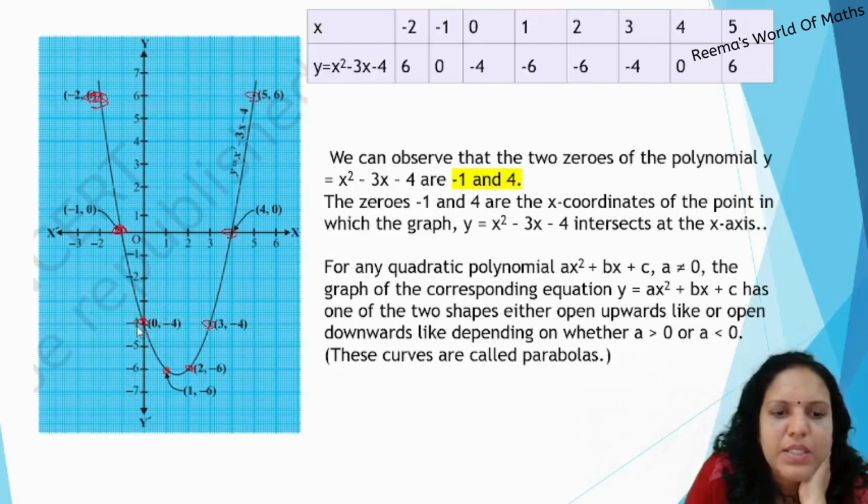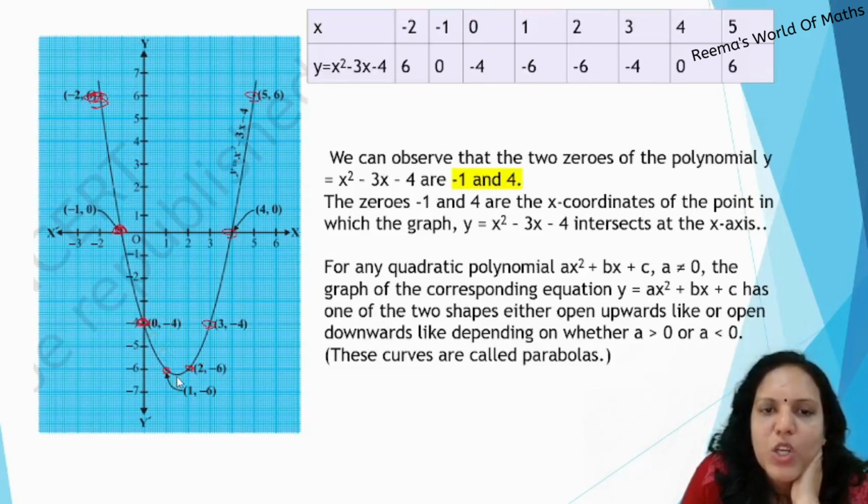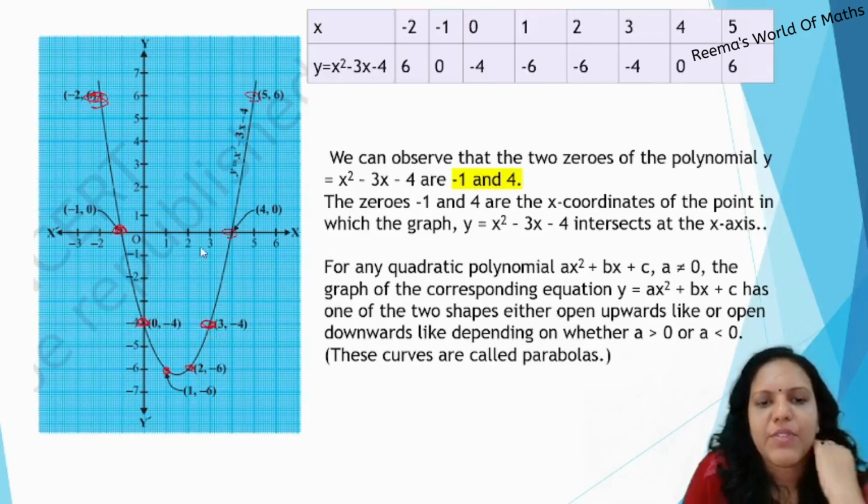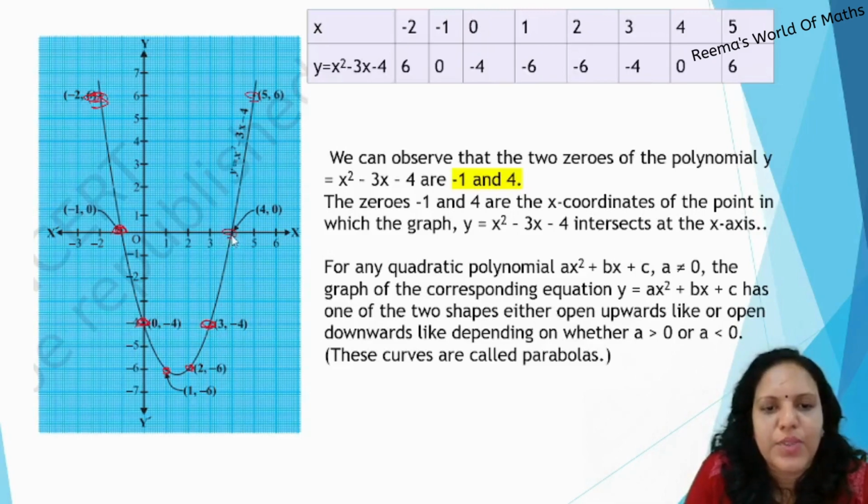So, it is marked somewhere here, 0 and minus 4, and when the value of x is 1, the value of y is minus 6, which is marked here. When x is 2, then it is 2 and minus 6. The next one is 3 and minus 4, and then we have 4 and 0, which is again cutting the x-axis, and finally we have 5 and 6, which is marked over here.